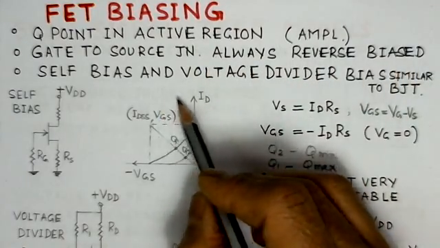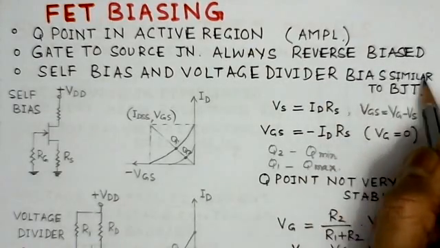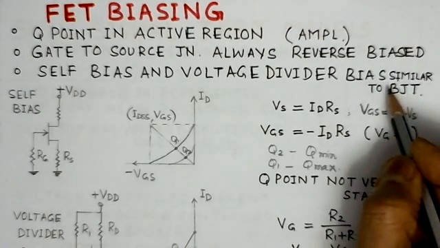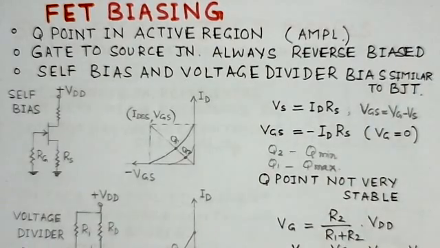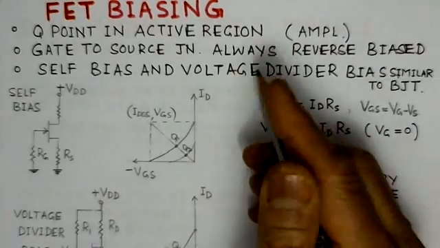Self bias and the voltage divider bias, which is quite similar to BJT bias circuits, are the most commonly used bias circuits here, and these two have been considered here.